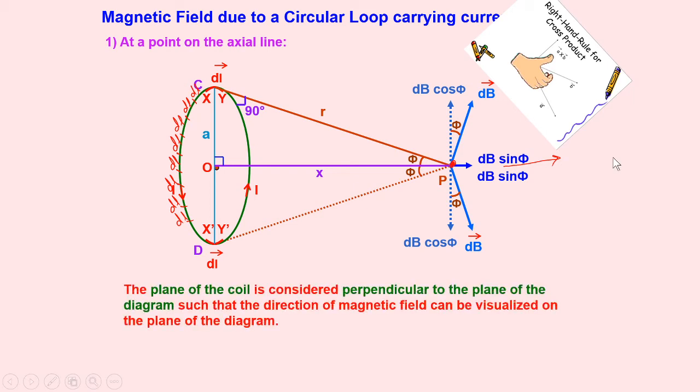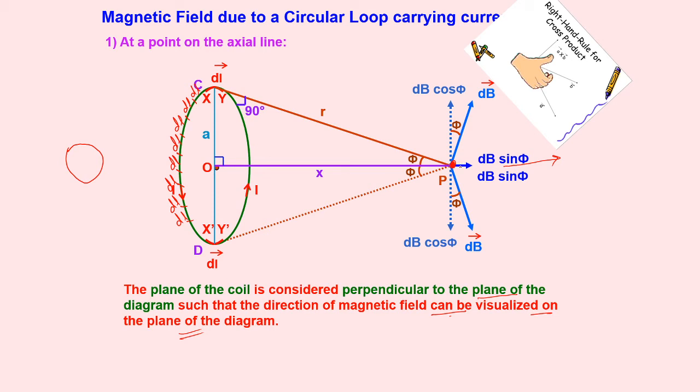Okay, in the figure here, the plane of the coil is considered perpendicular to the plane of the diagram. It is not like this. The circular coil we have considered is not like this. It is turned so that it is perpendicular to the plane of the figure, the plane of the diagram, such that the direction of the magnetic field can be visualized on the plane of the diagram. See, this dB and dB are visualized along the plane of the diagram.